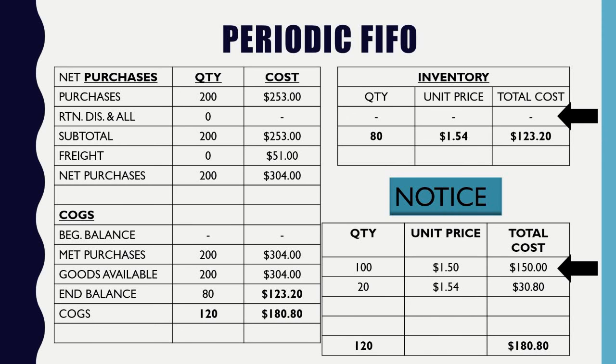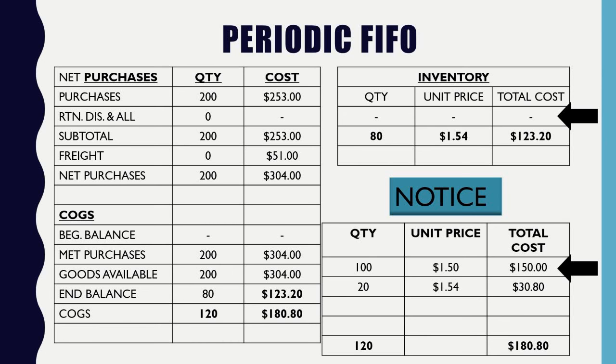So notice this. At the end of the day, when you reach the end of your worksheet, and we'll talk about this in a few moments here, you're going to have beginning inventory.